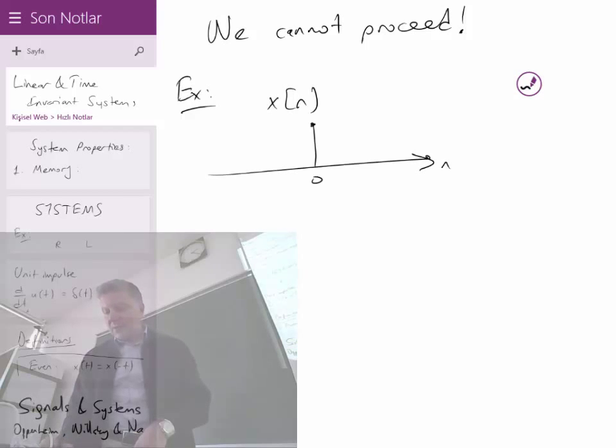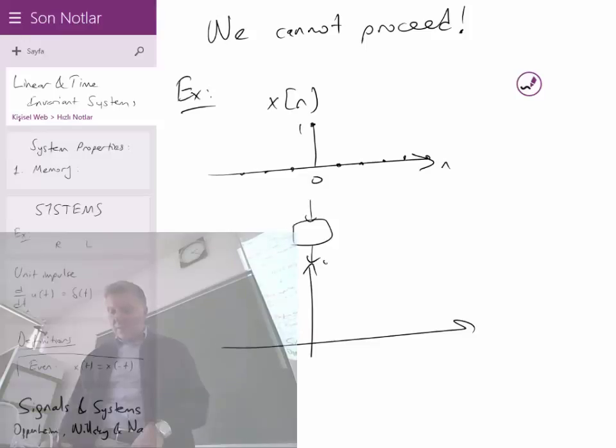And at 0 it is 1, and at everywhere else it is zeros. This is the input, and it goes into the system, and the output is y of n, which is, let's say, like this.